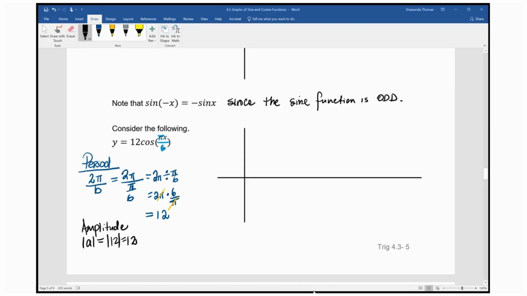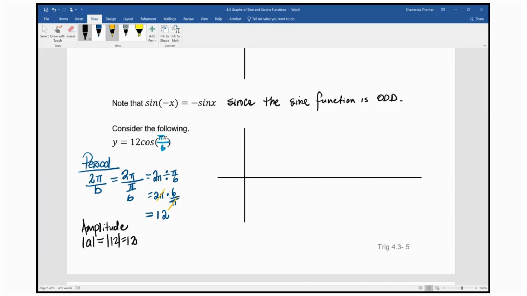And I showed you different ways to break up this graph, but just showing you other ways that maybe you like better. Before, you put your 12 here and then divide that in half, and we know that's 6, and then divide that again.